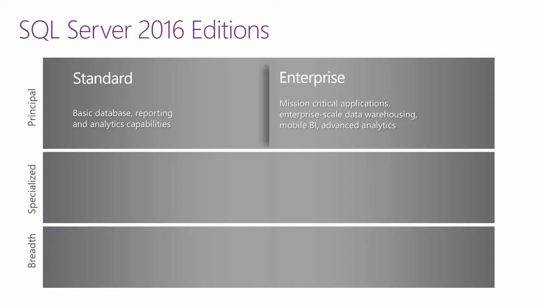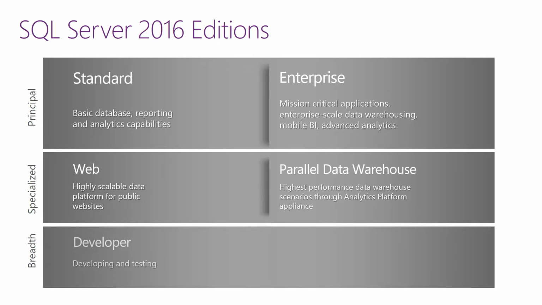So all the functionality in SQL Standard is available in the Enterprise Edition, of course with the extra pieces as well. There are some other editions, so we have Web, Parallel Data Warehouse, Developer and Express editions, and those are aimed at special use cases, but it's the ones at the top that we're going to focus most on in this session.